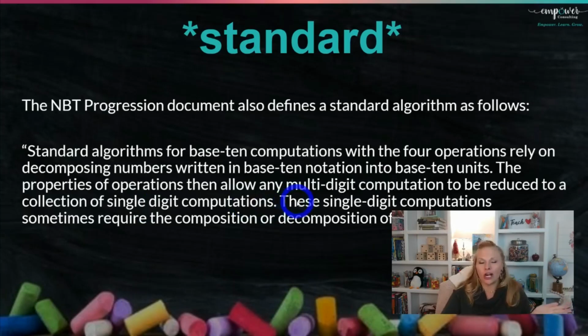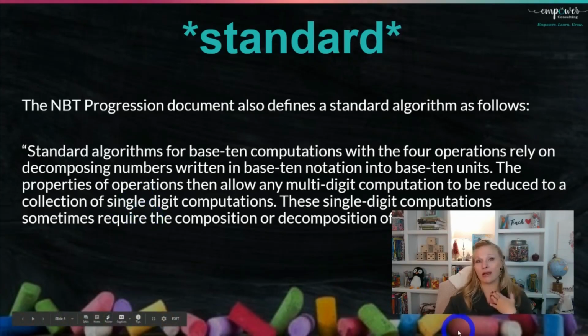So one could argue that the standard algorithm is not just an algorithm where we've kept track of our numeric steps because we've broken down the numbers, but specifically one that can get broken all the way down to single digits. For many of us, that would be known as the traditional algorithm or the shortcut. I still feel like there's some interpretation there, and if you talk to some of the big math gurus in the country right now, they will disagree and not even say it has to get down to single digits.